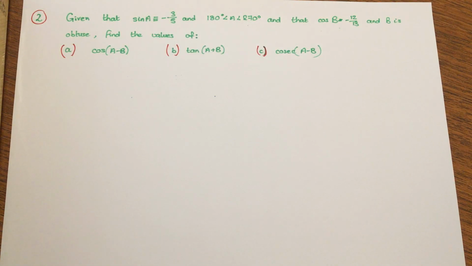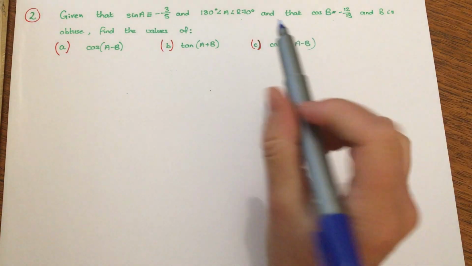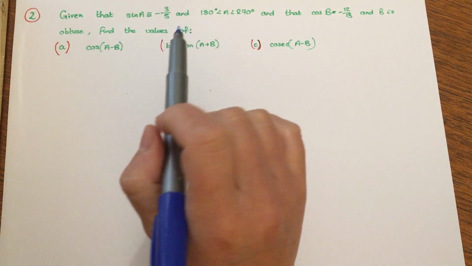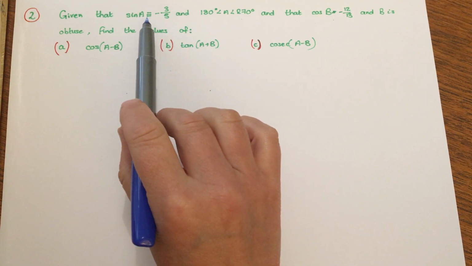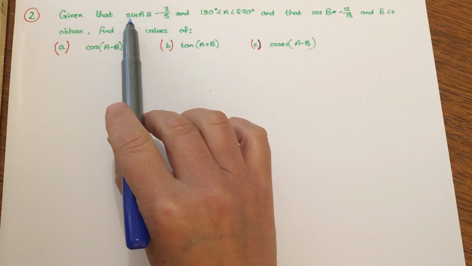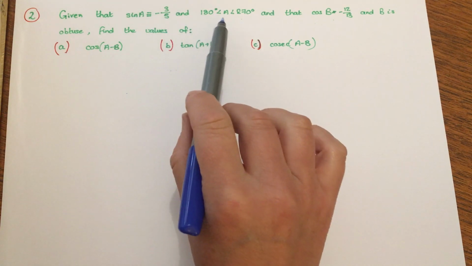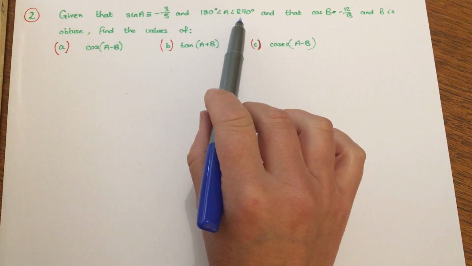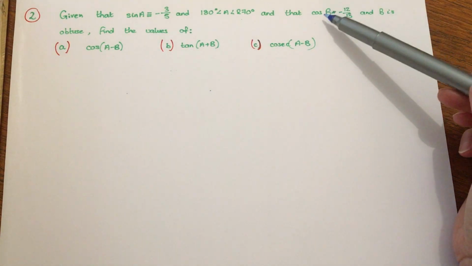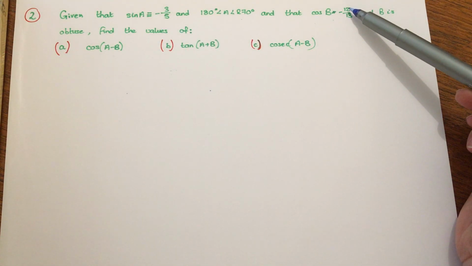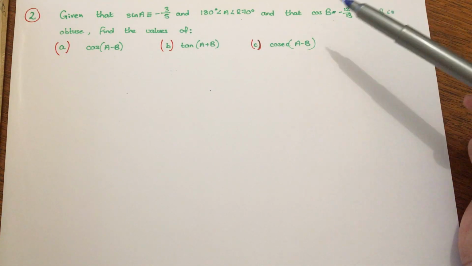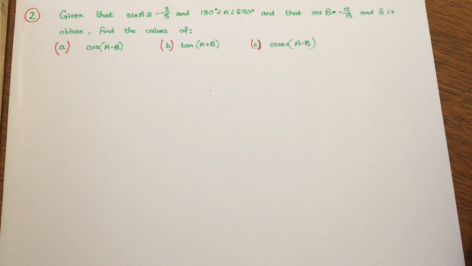The second example I want us to do, or set of examples, are ones like this. Given that sine A is equal to minus 3/5, and that A is between 180 and 270, so that's important to note, and that cos B is negative 12/13, and that B is obtuse, which is also important to note, find the values of these here.